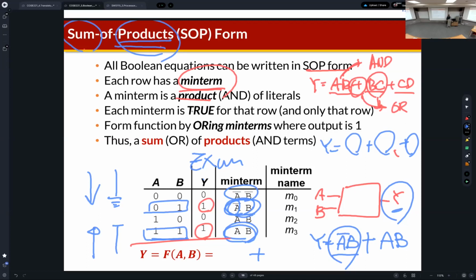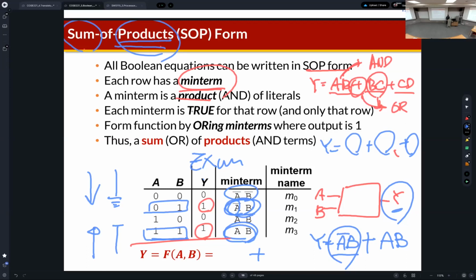And then another min term: this is another output, y equal 1. So if a is 1 and b is 1, then y becomes 1. So in the sum of products form, I mentioned, this is 1, or this is 1. Which means if this term is 1, or this term is 1, then y becomes 1.